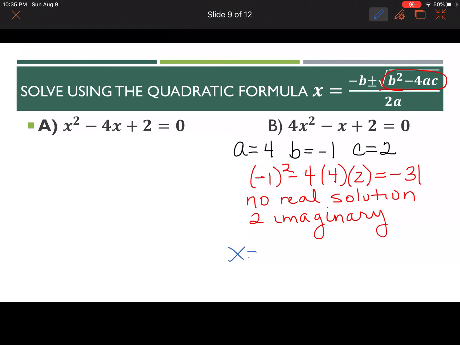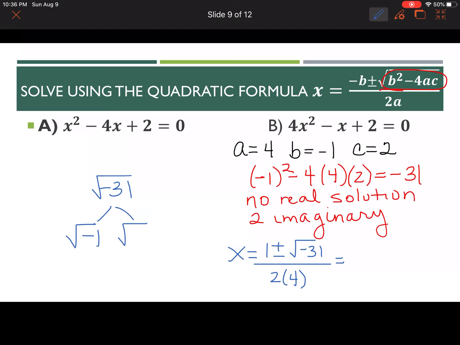So x equals the opposite of b, and the opposite of a negative 1 is a positive 1, plus or minus the square root of negative 31 all over 2 times a. Now, when we simplify a negative, remember we have to take out a negative 1, and the square root of negative 1 is i.